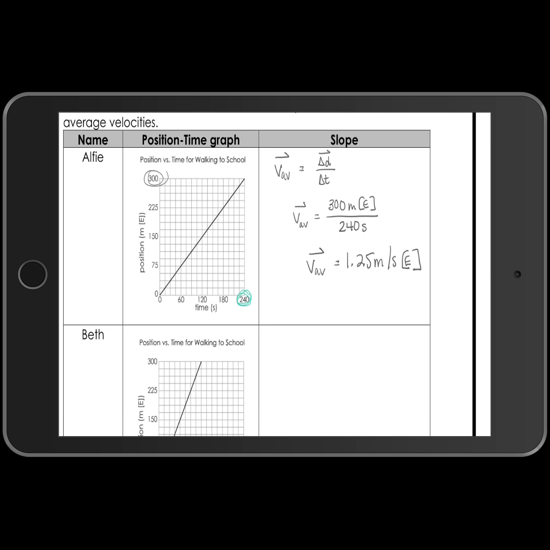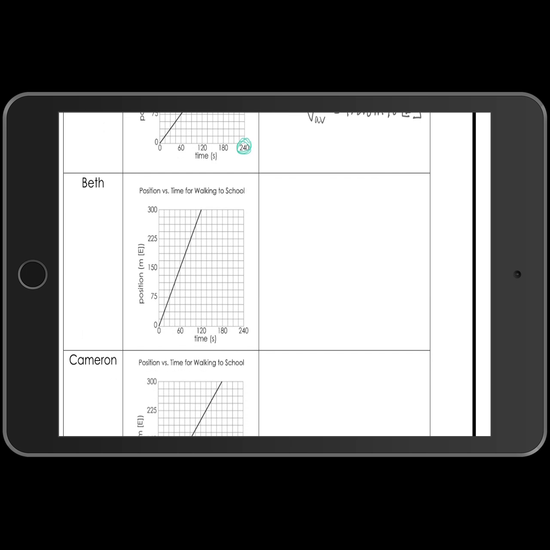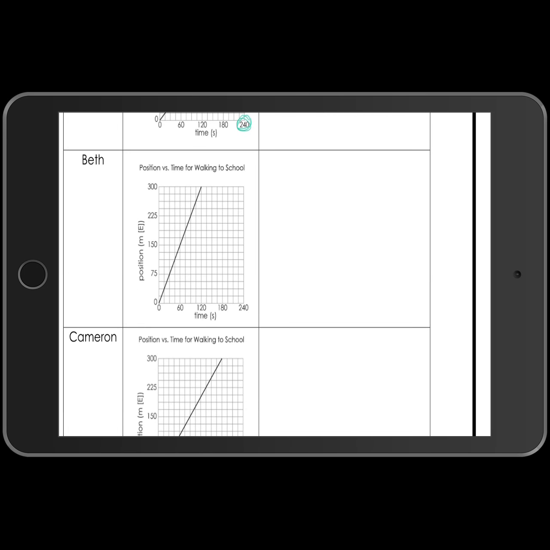Okay, moving on to sibling number 2. Using the same equation, change in position over change in time, this sibling reached the 300 meters in 120 seconds.